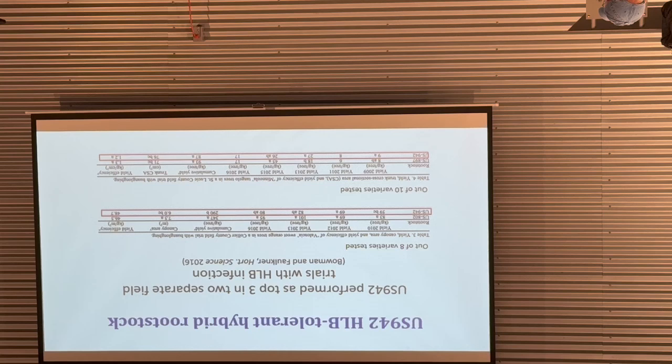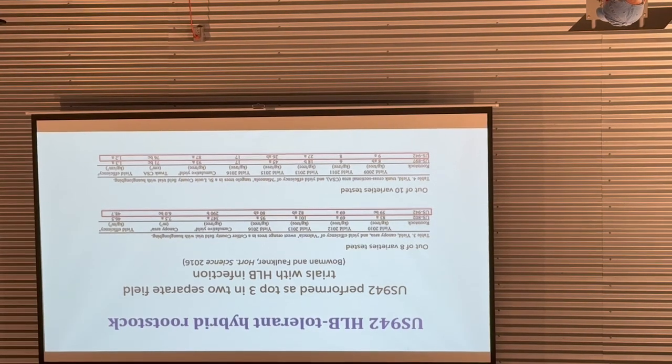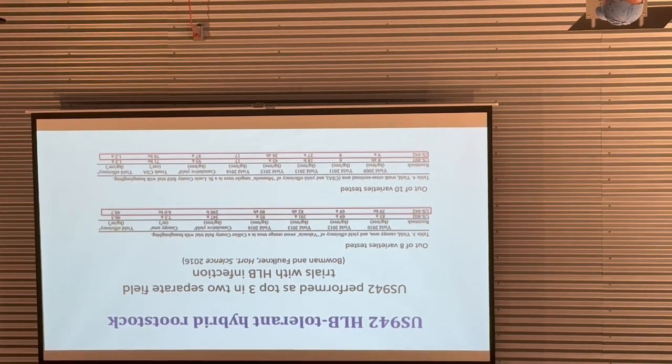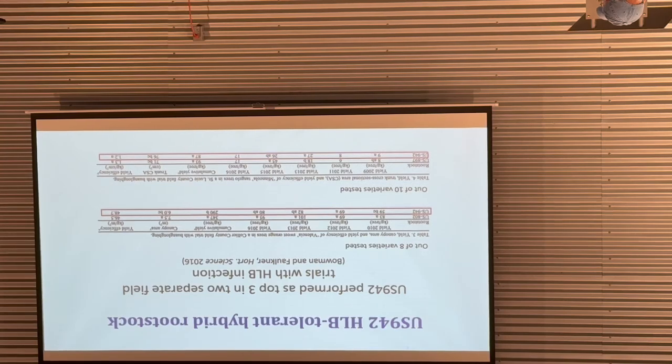And I'm not quite sure if this variety is popular in Florida, Dr. Grosser? 942 is very popular. Yeah, but in California, they don't really like it. But anyway, the soil condition and weather in Florida and California are very different.